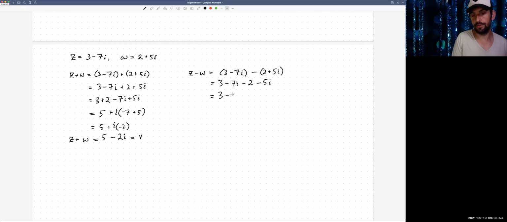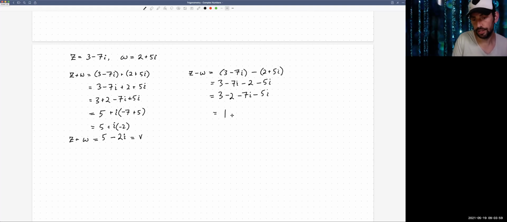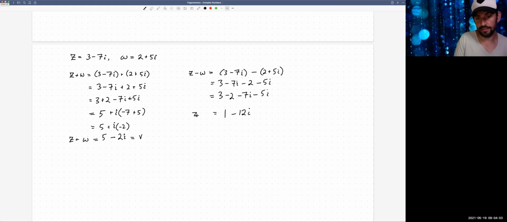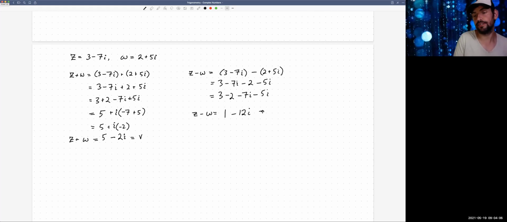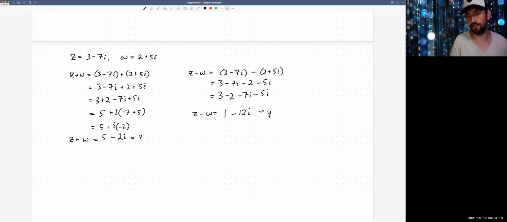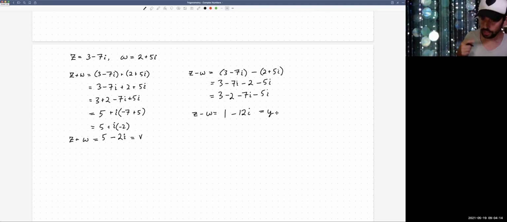Rearrange things, I get 3 minus 2 minus 7i minus 5i. We end up with 1 minus 12i. Again, this is z minus w, but it is itself a new imaginary number. Maybe I'll call it y this time. Okay, so there's our subtraction.